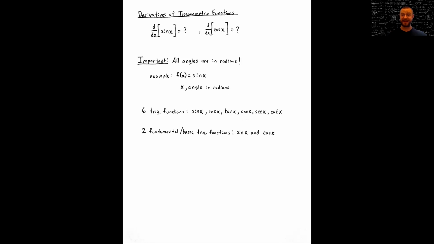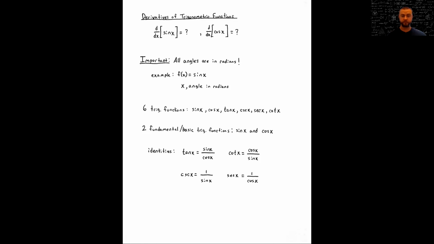Think of an identity for tangent in terms of sine and cosine. And some of them might look familiar. By name, these would have been the quotient and reciprocal identities. So tangent is sine divided by cosine. Cotangent, cosine divided by sine. Secant is the reciprocal of cosine, and cosecant is the reciprocal of sine.